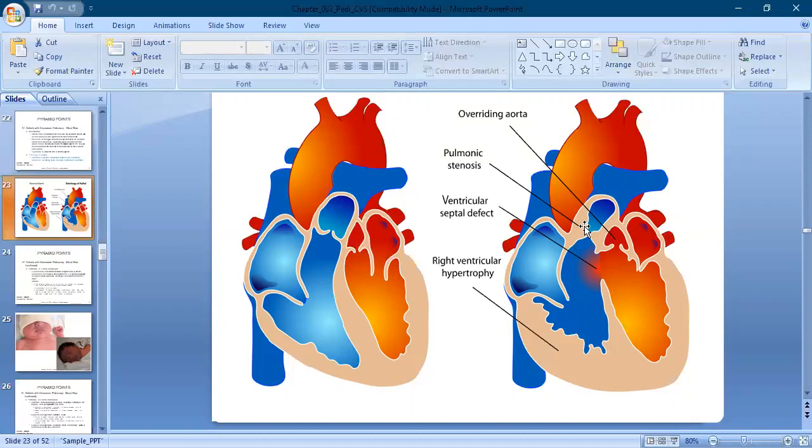The last of the tetralogy of Fallot is called overriding aorta.